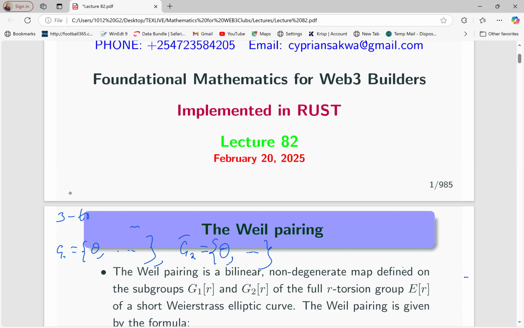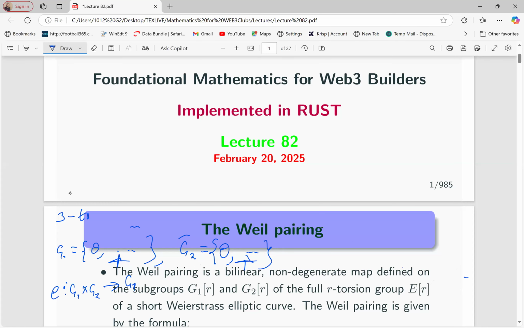So while pairing, we pick one element from this group and another element from this group. Supposing we have the map, what the map is going to be doing is mapping elements of group 1 cross group 2 to a target group.